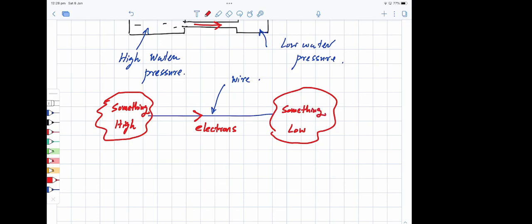What is that something? Understand the story. This something is nothing but electric energy.